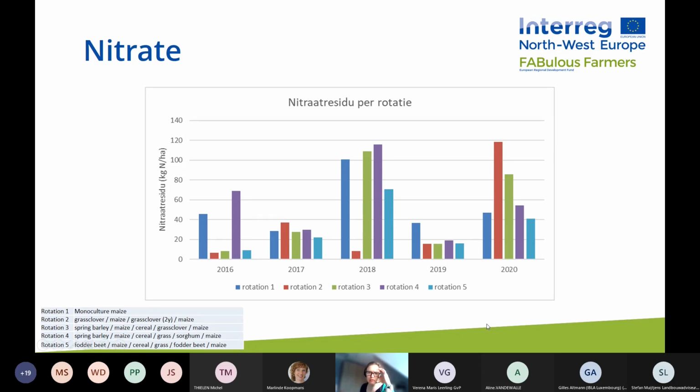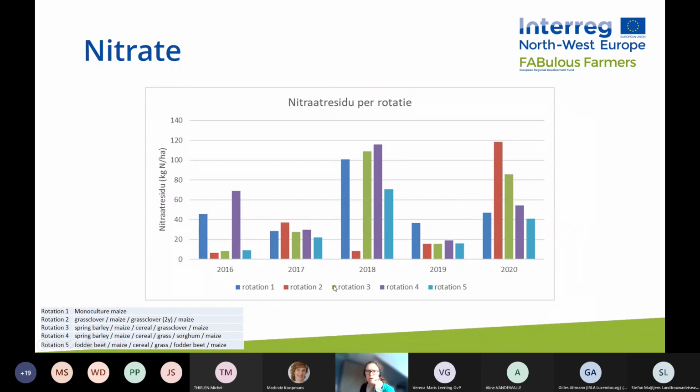Maybe an interesting one to have a look at is the red one, because this gives very low results in 2018 and 2019. Rotation 2 is the rotation with 2 years of grass clover in between the maize.